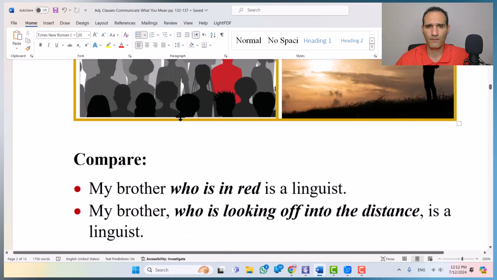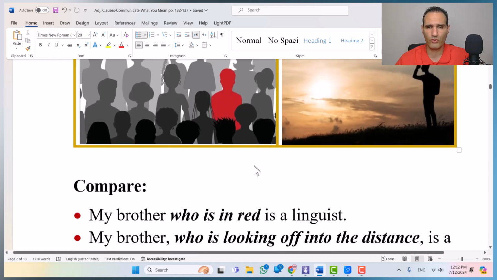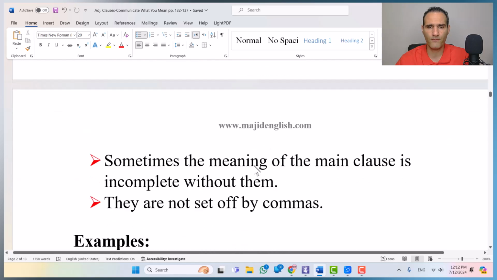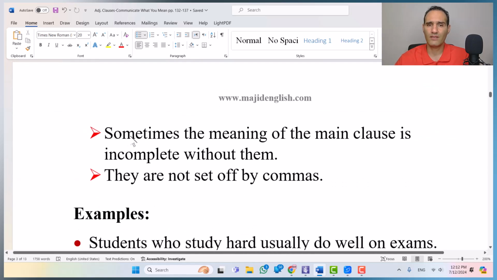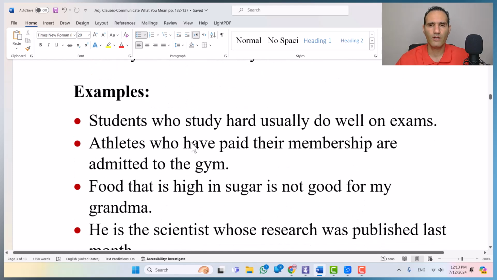Right here, what we did, we selected one from a group, so it is a necessary adjective clause. Sometimes the meaning of the main clause is incomplete without them. So they complete the meaning of the main clause. In the examples following, we will talk about them. And they are not set off by commas. So necessary adjective clauses do not have commas. Look at these examples.